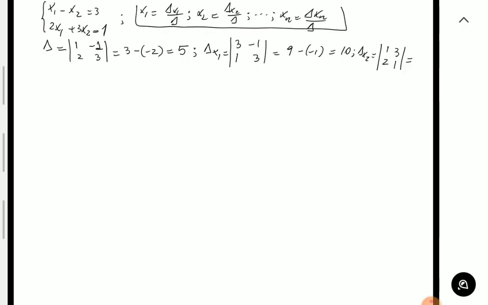And this will be 1 minus 6, which is negative 5. So according to the Cramer's rule, x1 will be delta x1, which is 10, over delta 5. That gives me 2. And then x2 is delta x2, which is negative 5, over delta, which is 5, and that's negative 1.